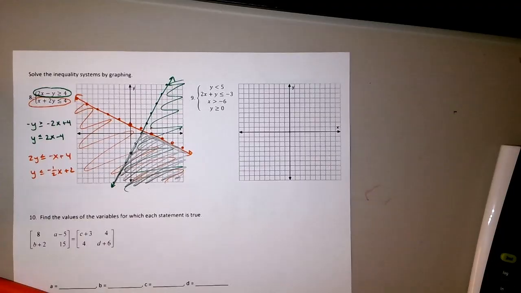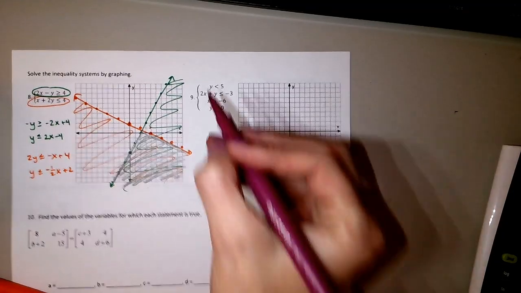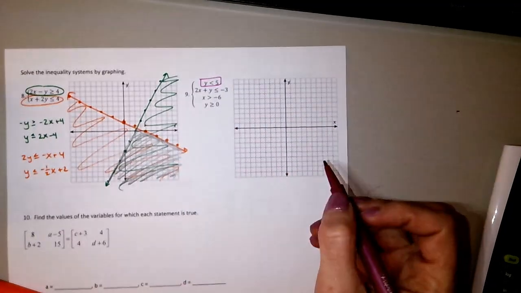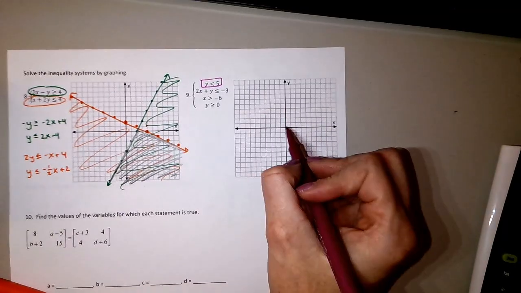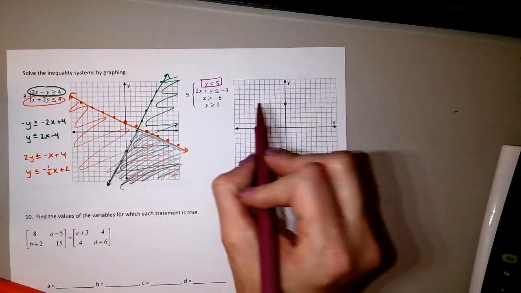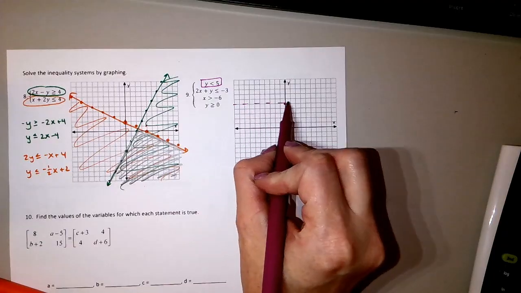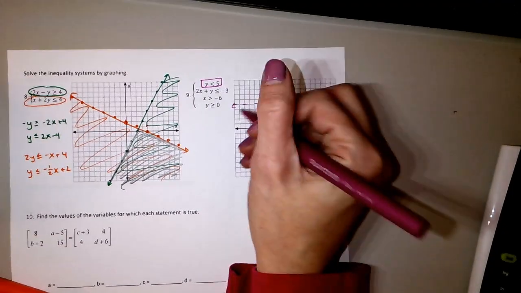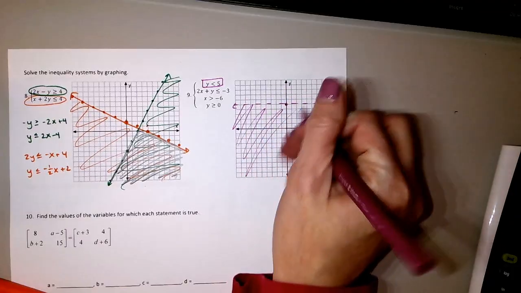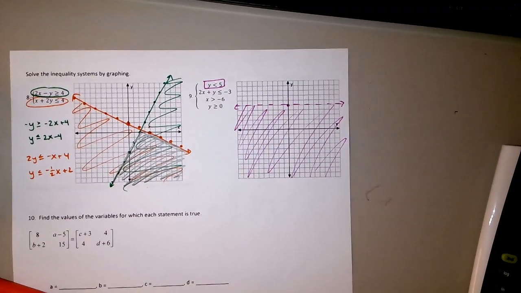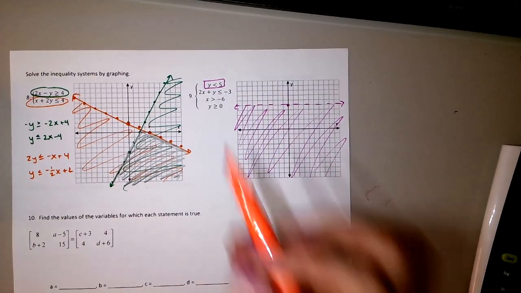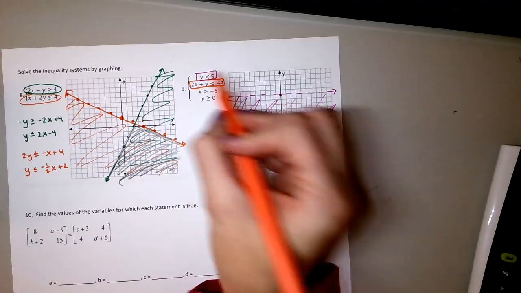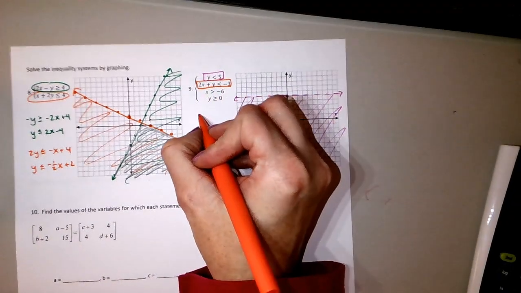Okay, next one. Y is less than 5 is crossing the y-axis at 5, which is here. It is dashed because it does not have the equals to, and it's less than, so it's down below. This next one, I need to get y by itself, so I'd move the 2x over.